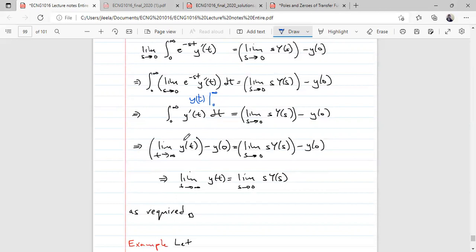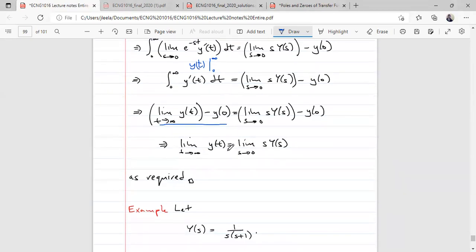So you get the limit as t approaches infinity of y(t), that is the first term, and then minus the lower limit, which is y(0). That is how you get this result. So the limit as t approaches infinity of y(t) is the limit as s approaches 0 of sY(s). So this is the final value theorem.